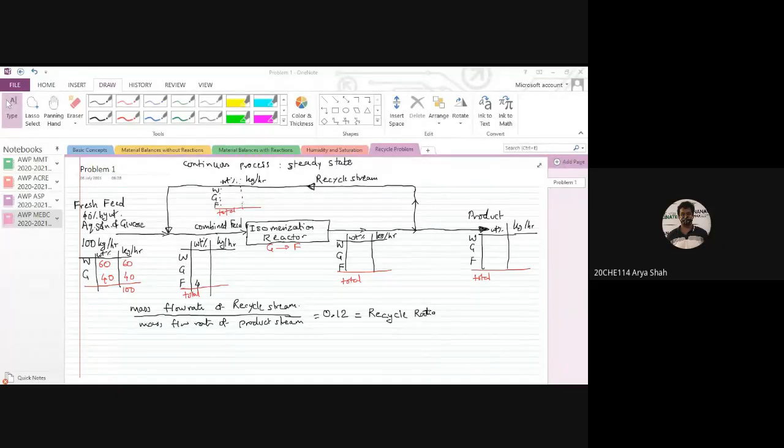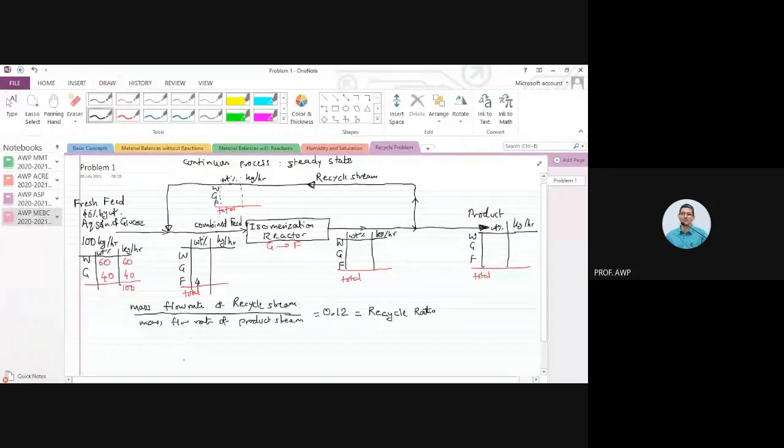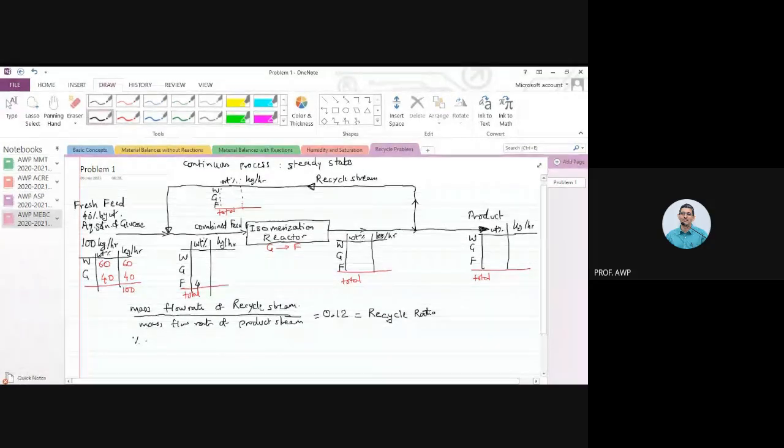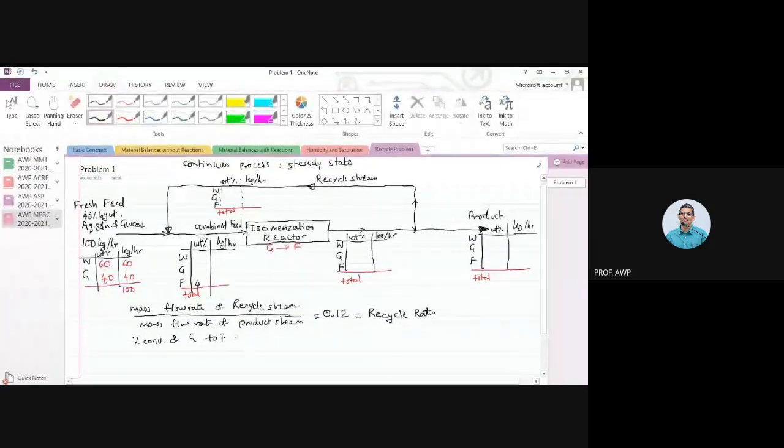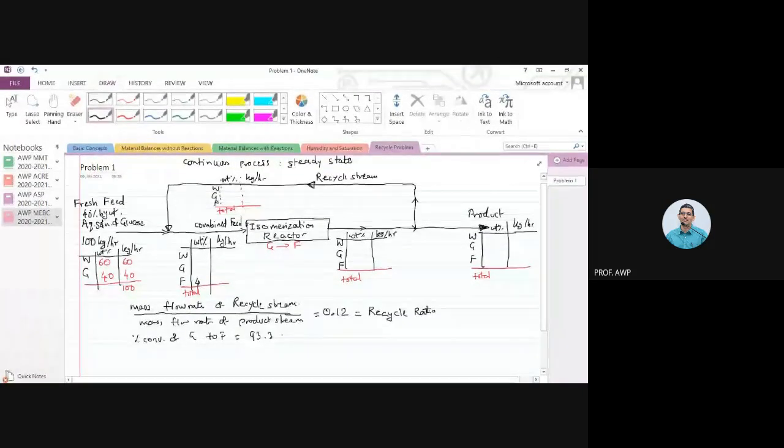Sir, percentage conversion from glucose to fructose is 93.3%. Okay, 93.3%. So you are saying percent conversion of glucose to fructose is 93.3%.